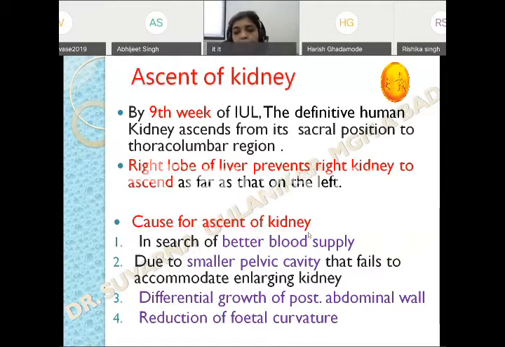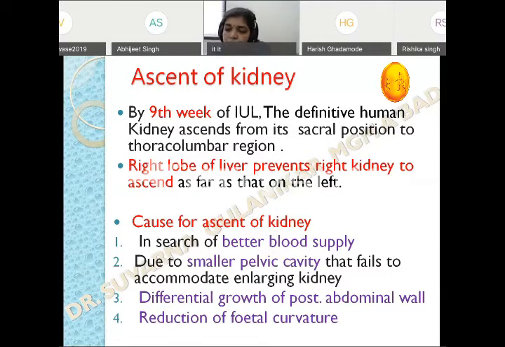Why is there a need for ascent? The first and most important reason is better blood supply. When it is in the sacral region, it is nourished by the median sacral artery, and as the kidney starts developing, that nourishment is insufficient. It is a very small artery. So in search of better blood supply, it gradually ascends. The second reason is the small pelvis.